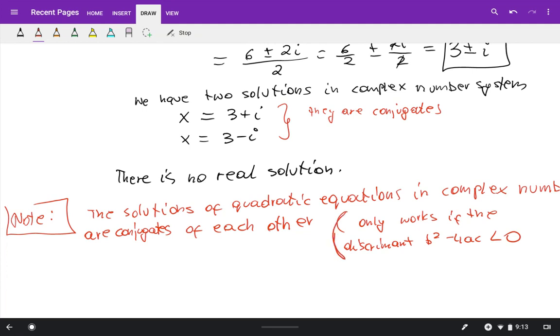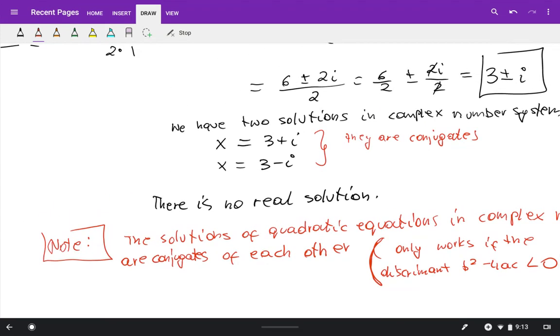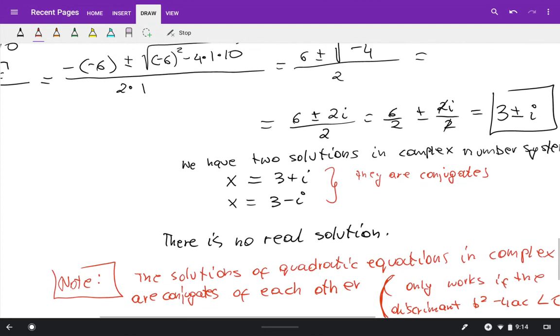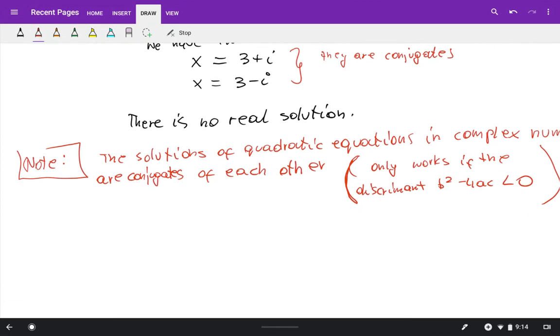So when you have that, that means you will end up with two solutions in the complex number system which are conjugates, and that always works. We got 3 plus i, so I know already that the second will be the conjugate, which is 3 minus i. Okay, so this is the end of section 1.